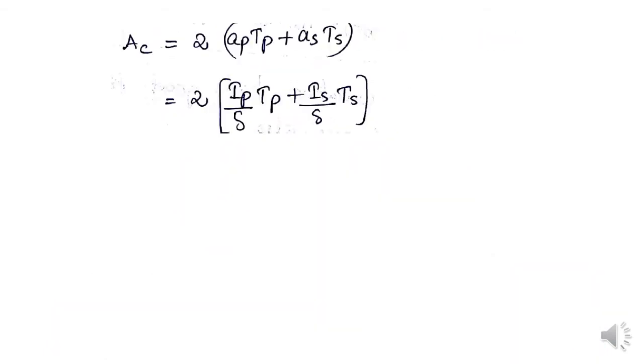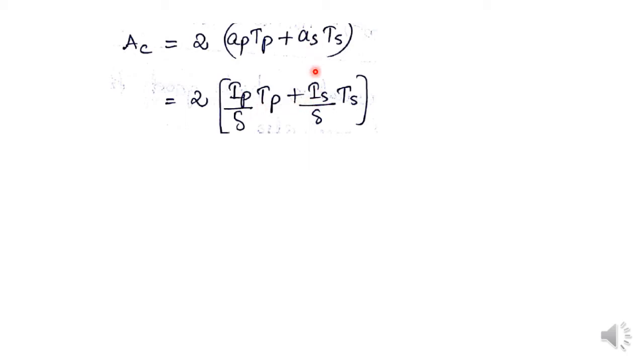That is AC, that is area of copper. AC is equal to 2 times TP-AP plus TS-AS, that is equal to 2 into, here AP, the area cross section of primary conductor, is equal to primary current divided by current density delta, so IP by delta into TP.